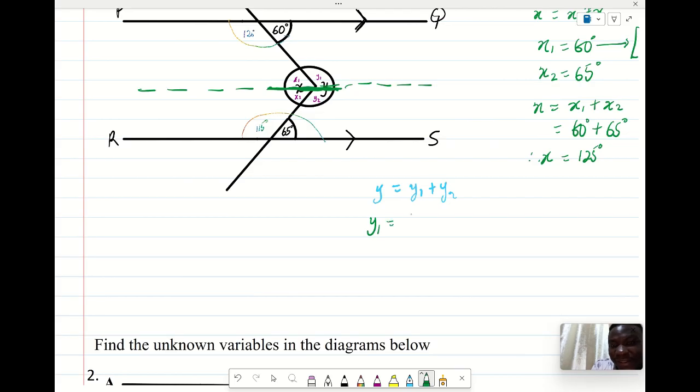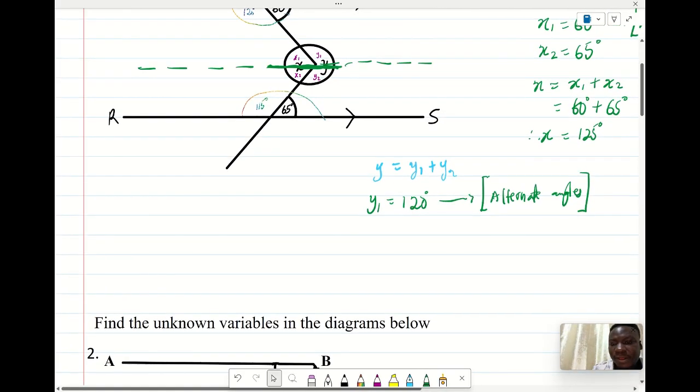Y1 is equal to 120 degrees, and the reason is that they are alternate angles. And Y2 is also going to be equal to 115 degrees, because they are also alternate angles.